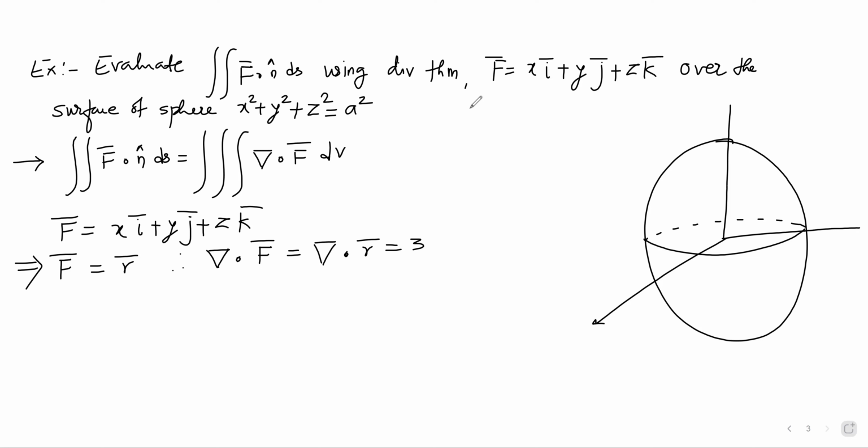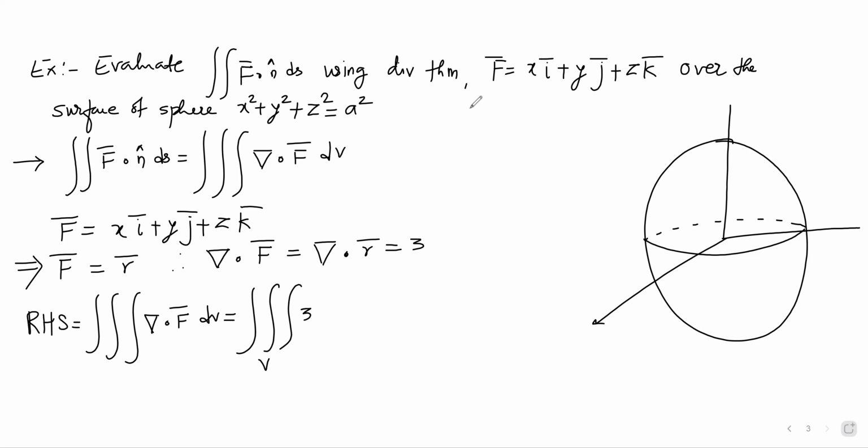So substitute it. The right hand side is the triple integral of del dot F bar dV, which is the triple integral of 3 dx dy dz. You can take this 3 outside. And what is the remaining integral? It is 1 times dV, so that means it's the volume of the sphere.